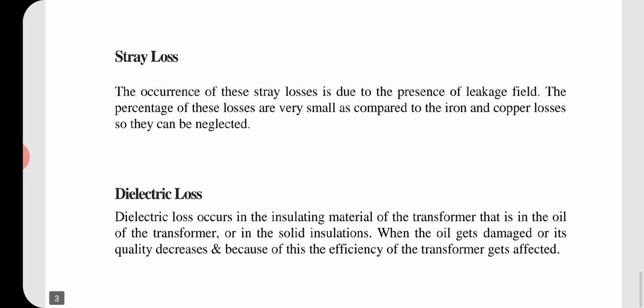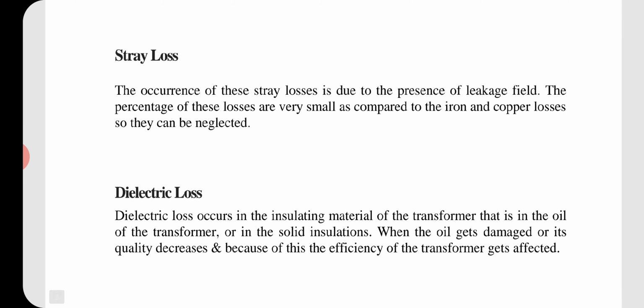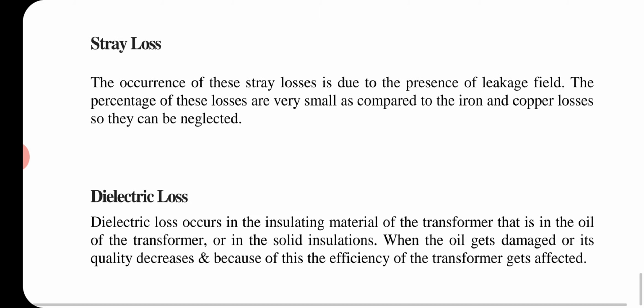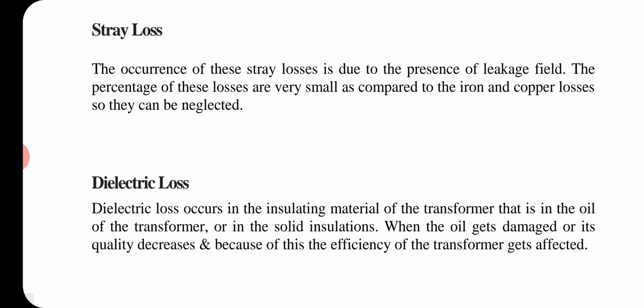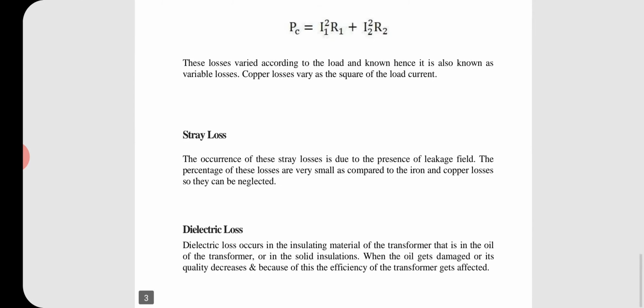If insulation requirements get disturbed, efficiency also gets affected. But these two losses, stray and dielectric losses, have a very low percentage as compared to iron and copper loss, so they can be neglected in further numericals and calculations.